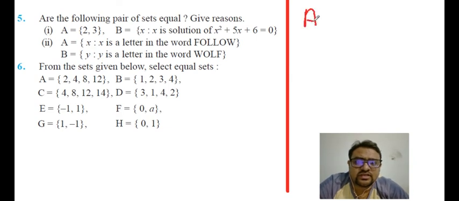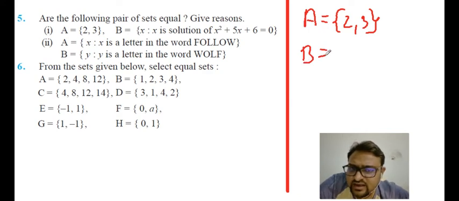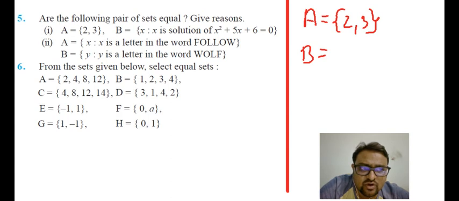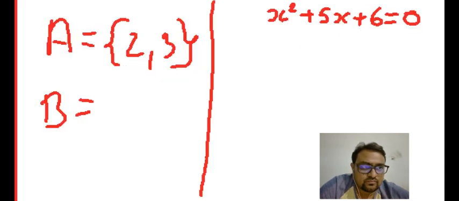A is equal to {2, 3} and for B I need to solve it, right? It's given that x square plus 5x plus 6 equal to 0. So I will solve this equation.